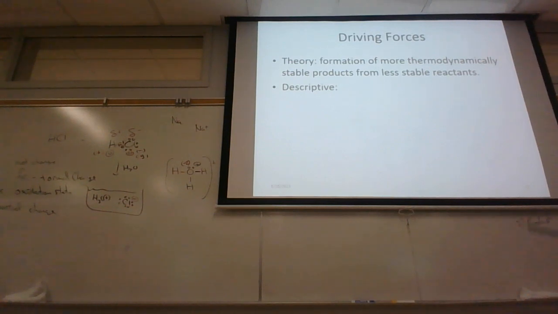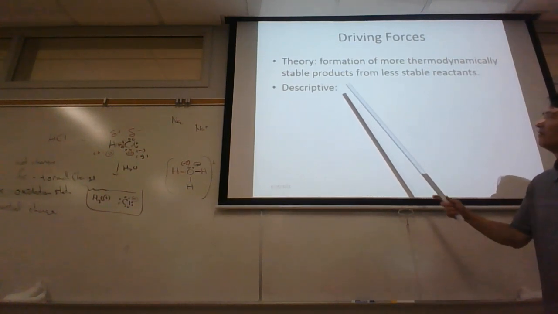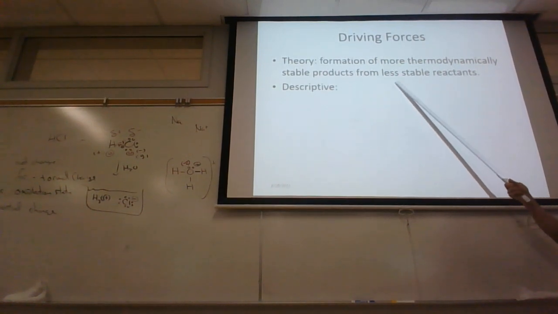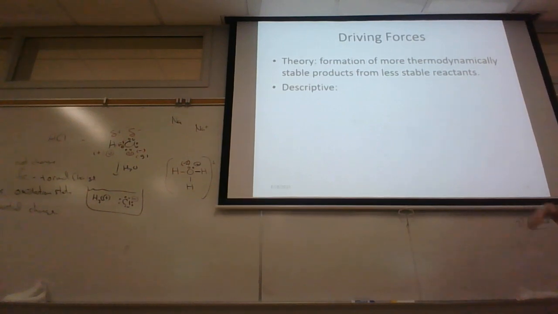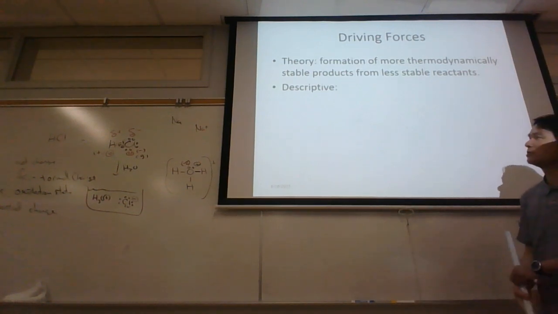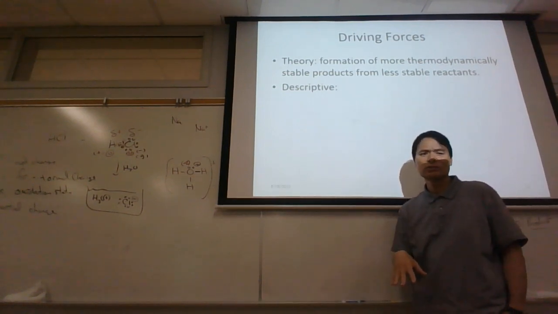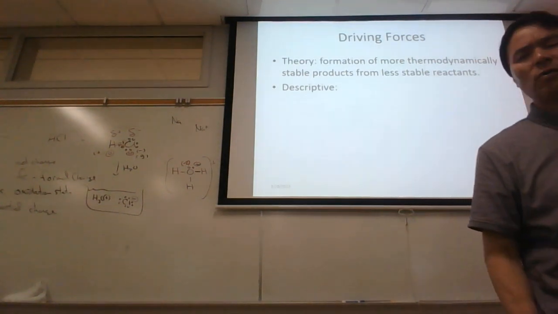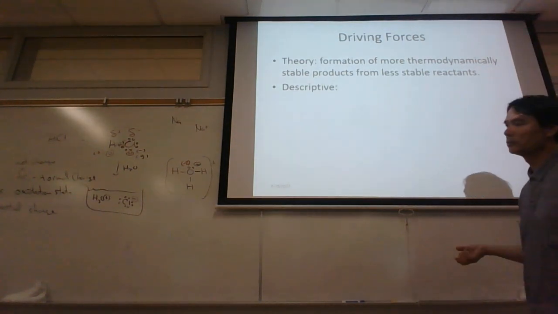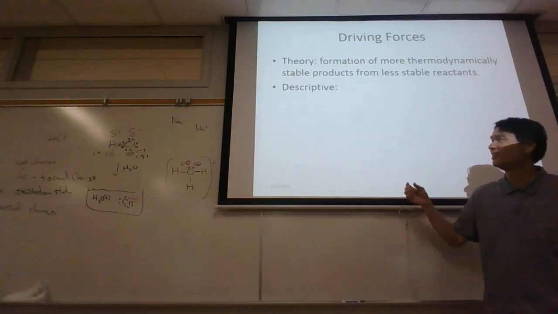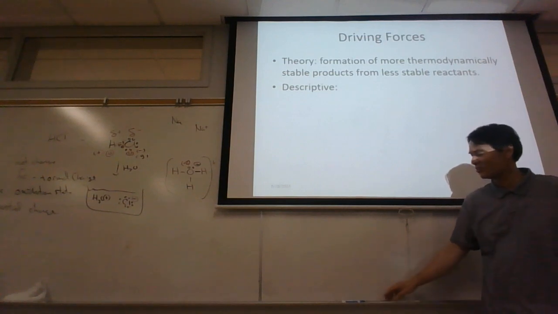So these three types of reactions will have three types of driving force. The driving force here is the formation of more thermodynamically stable products from less stable reactants. So we're going from higher energies to lower energies. That's what's driving it. It's a downhill type process. In terms of descriptive chemistry, what we want is to go from more reactive substances to less reactive substances. So this is why, for example, precipitation works well: you form a solid crystal precipitate, which is typically stable.